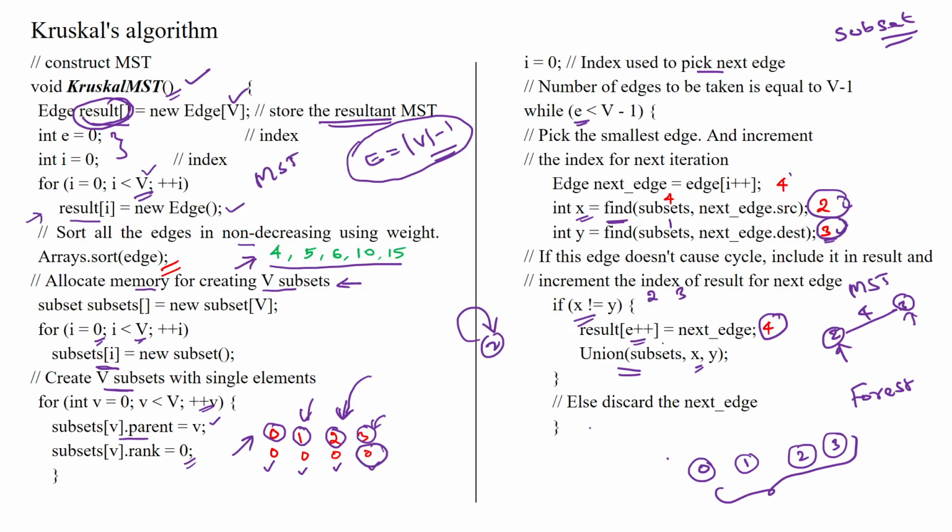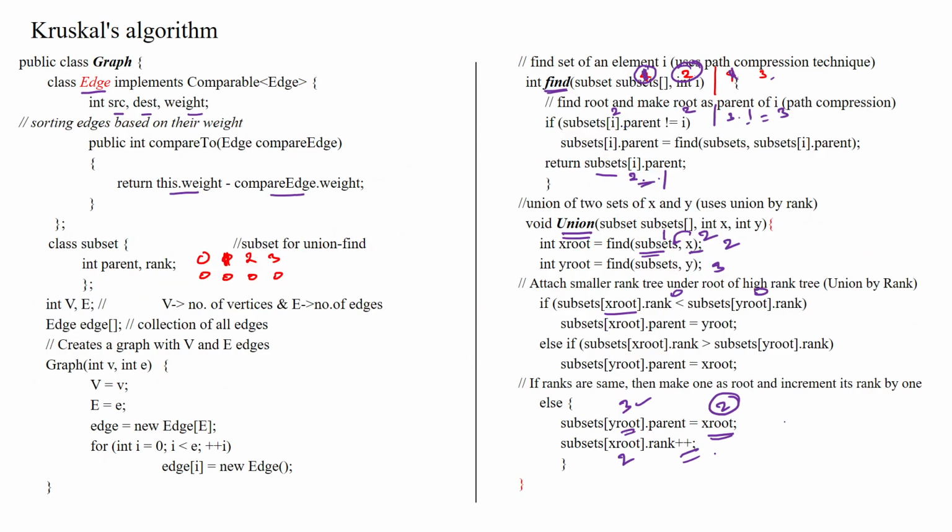So the rank for 2 is incremented by 1, which is the parent to 3. So this is the edge we have selected with weight 4. This is the procedure to assign the rank one by one when you are adding the edges into the minimum spanning tree.